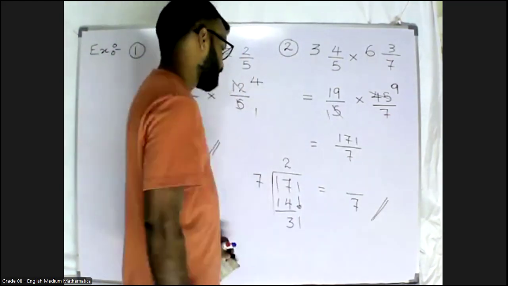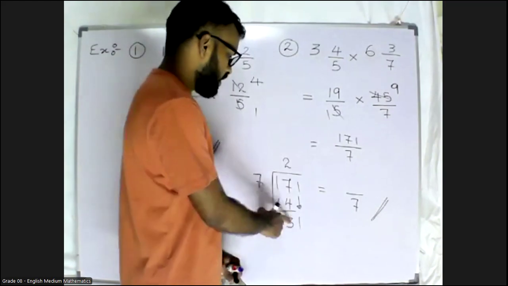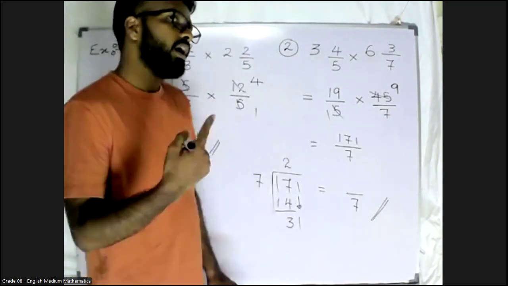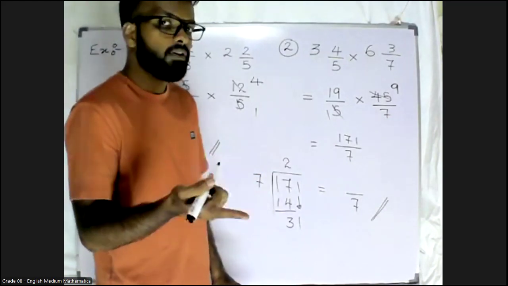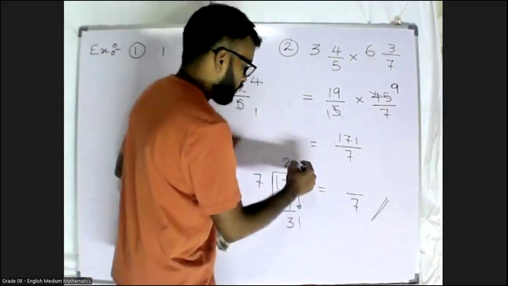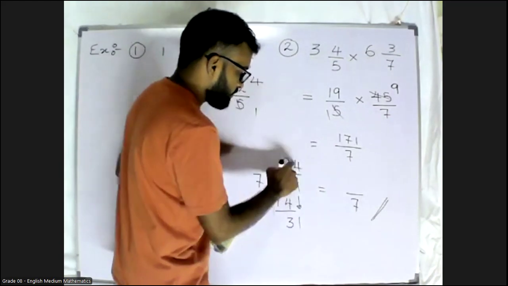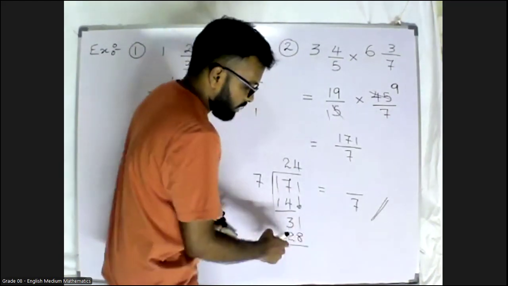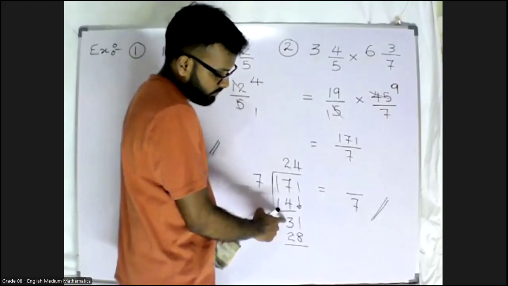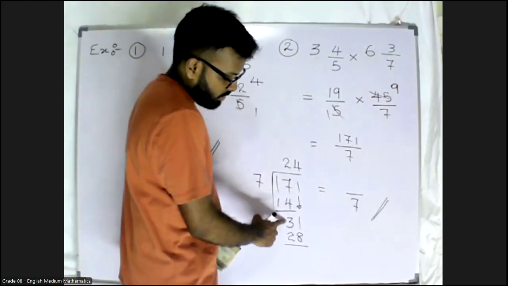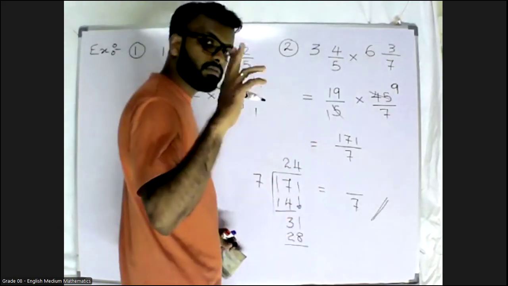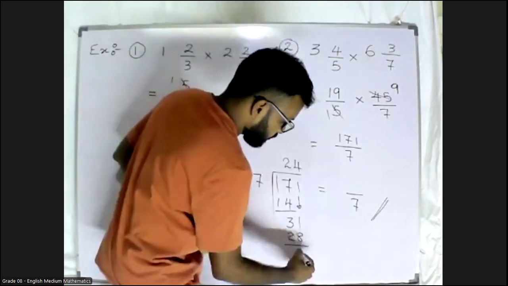Now 31. How many 7s are there for 31? 7 times 5, 35. 7 times 4, 28. Get the subtraction. It is 29, 30, 31. 3, right?